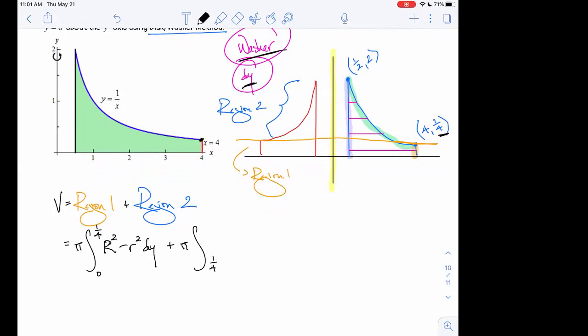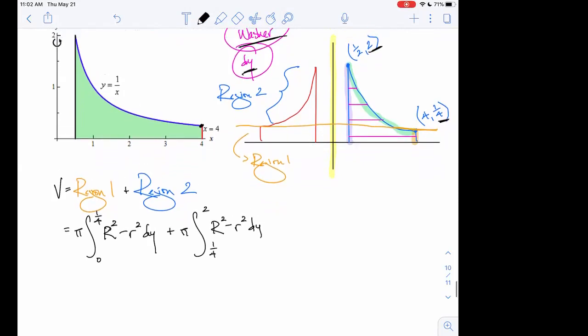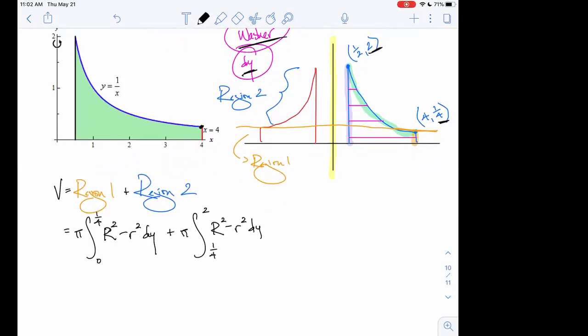So right at 1/4 it changes. And then the highest y value in region 2 is 2. And because it's washer, I'm going to need a big R squared minus little r squared dy. Okay, any questions so far?